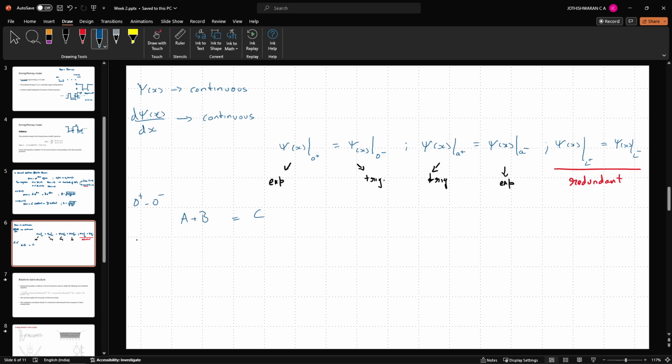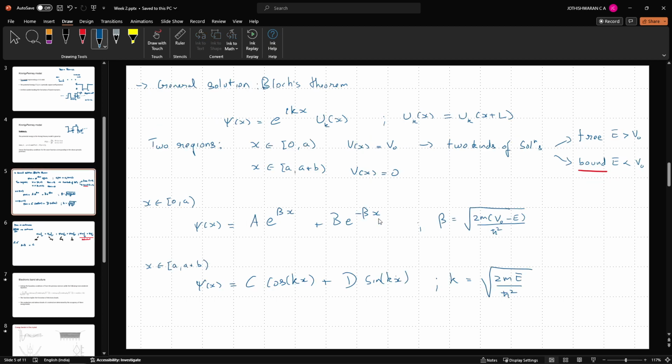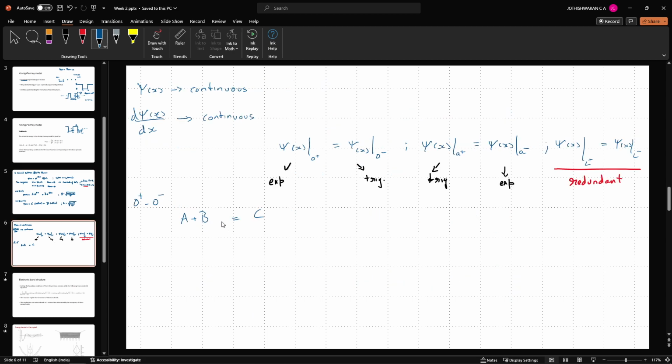And the second boundary condition is, so we have 4 unknowns over here for a given energy. I need to find out a, b, c and d. So we need to get 4 equations. The second boundary condition is in the a plus, a minus region. We know that in a plus we have the trigonometric function.